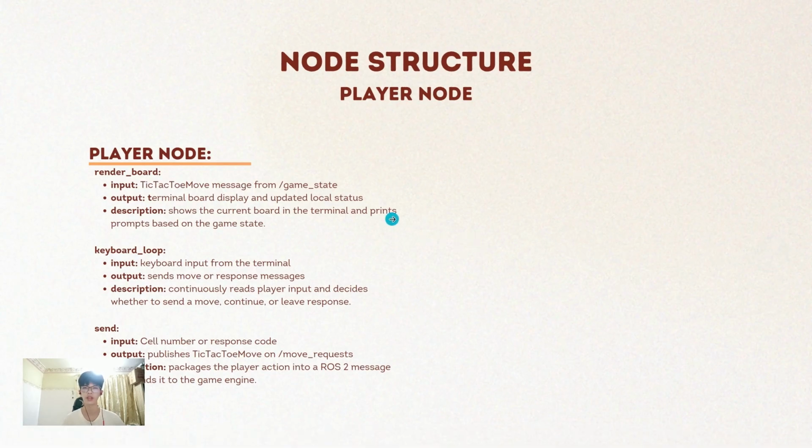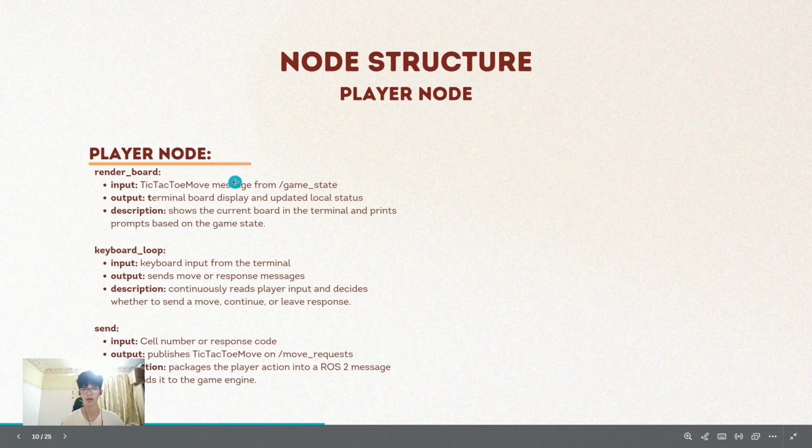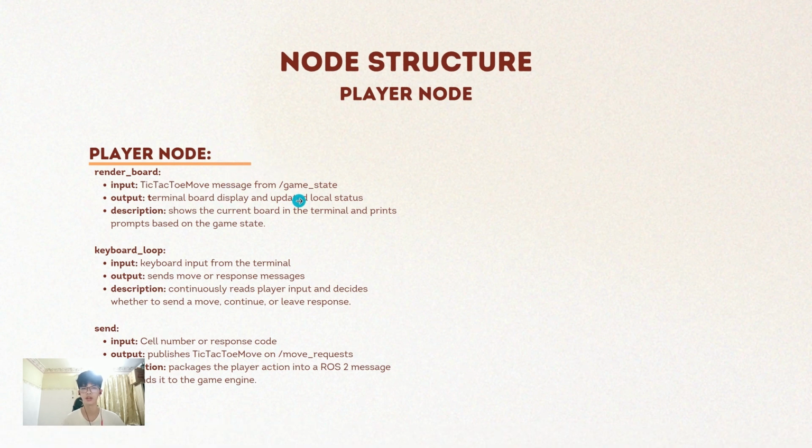And then for the player node, we have 3 functions. Render board shows the current board in the terminal and prints the prompt based on the game state. And then the keyboard loop takes the user input from the terminal and sends that input, or move, or response message to the other node, continually reading the player input from the keyboard.